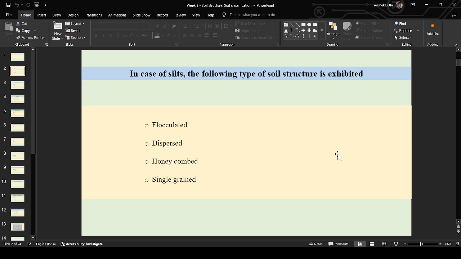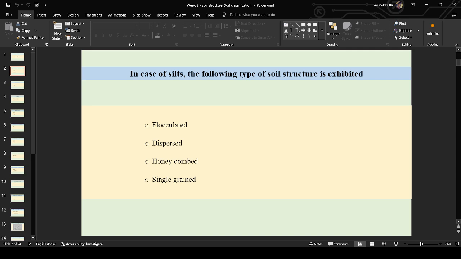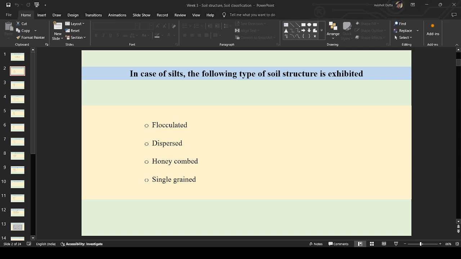Your options are flocculated, dispersed, honeycombed, or single grained. I hope you are familiar with these terms: flocculated, dispersed, honeycombed, single grained.